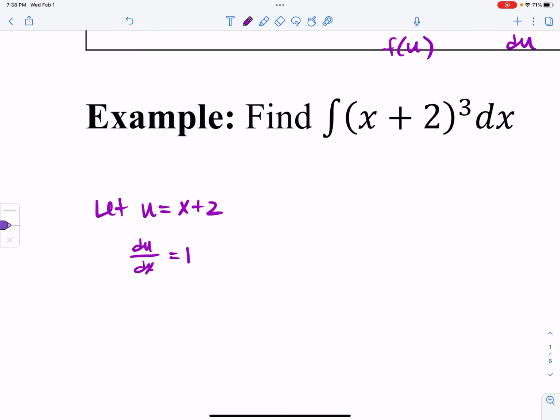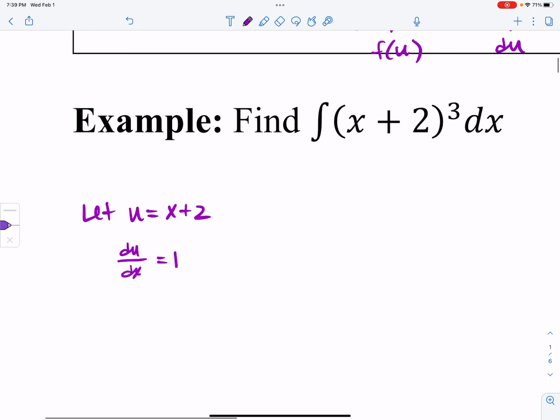Well, notice I have decided to let x plus 2 equal u, and now I'll be integrating u cubed, but this variable needs to match this variable. So we need to see what we can replace dx with.